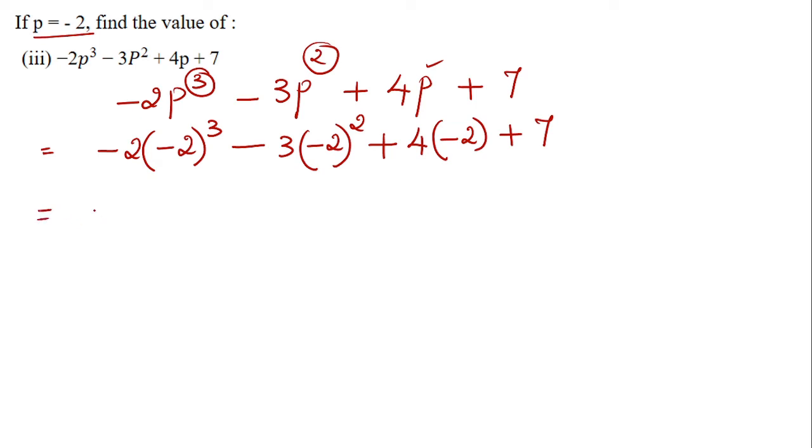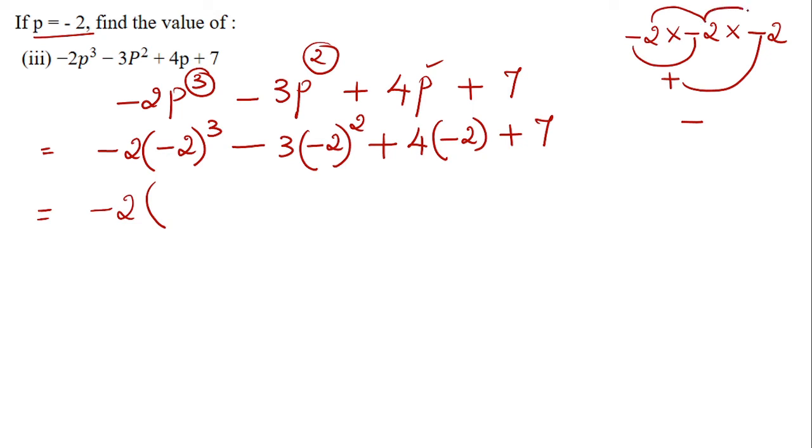So this is equal to minus 2 into, now minus 2 to the power 3 is minus 2 into minus 2 into minus 2. So minus into minus is plus, plus into minus is minus. 2 twos are 4, 4 twos are 8. So the answer is minus 8.